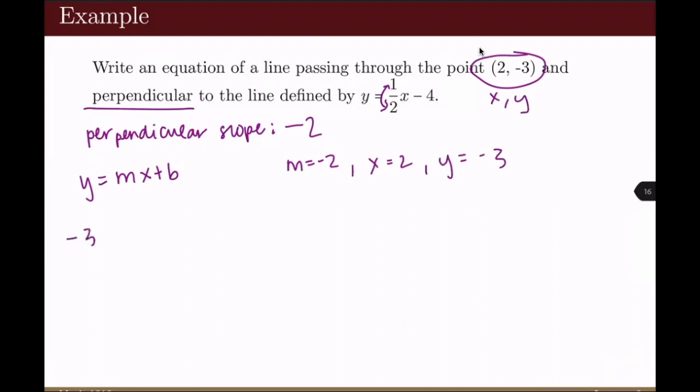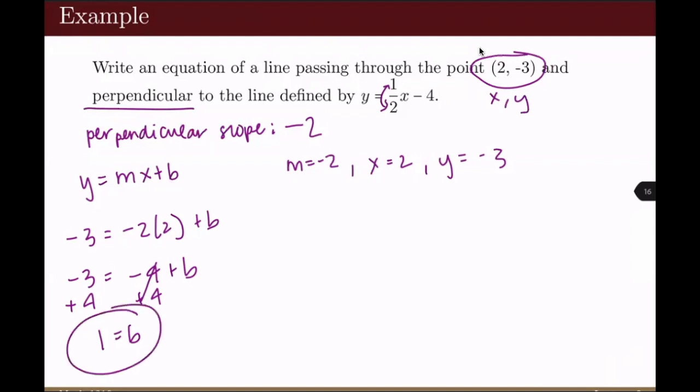So I'll have negative 3 equals negative 2 times 2 plus b, which means negative 3 is going to be negative 4 plus b. And then I'll add the 4. So I get 1 equals b. So now I can write an equation of this line because I found a value for b. So I'll have y equals negative 2x plus 1.